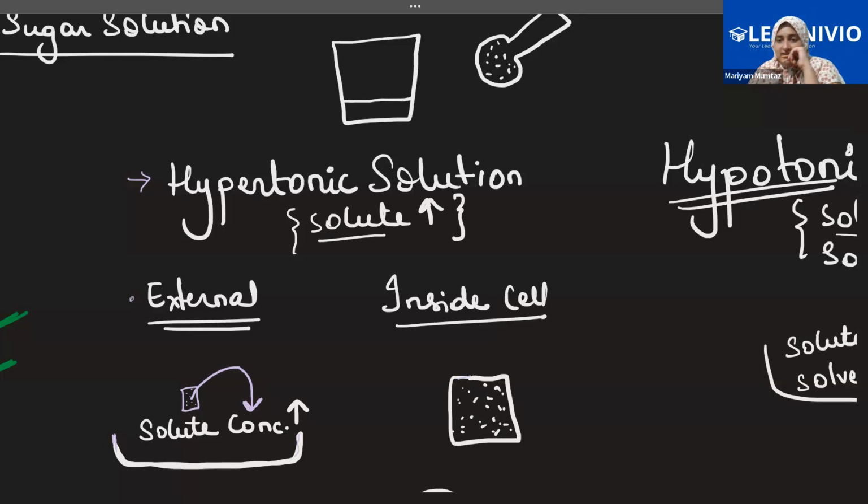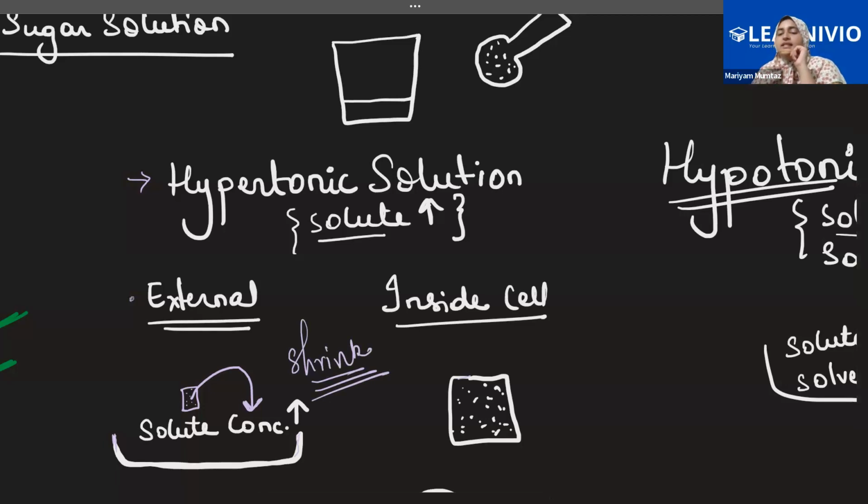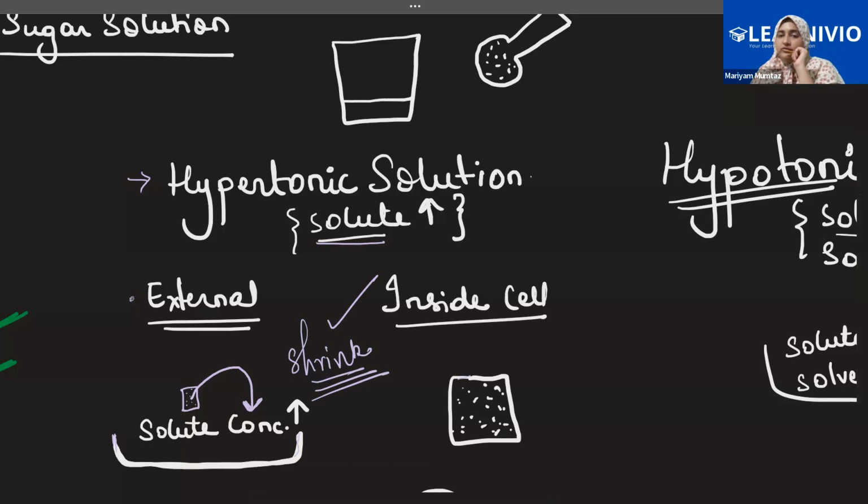So always remember that in the case of hypertonic solution, whether it is animal cell or plant cell, the cell will shrink. Why? Because hypertonic solution means the solute is high, the solvent is low, and the cell has high solvent, low solute. So water will move out of it.